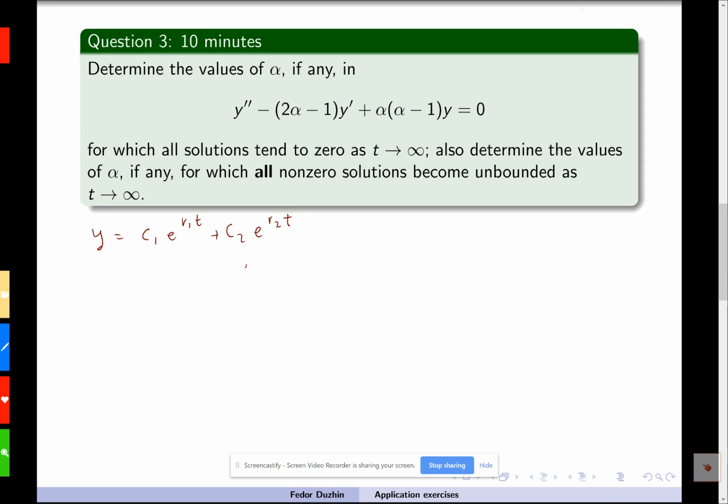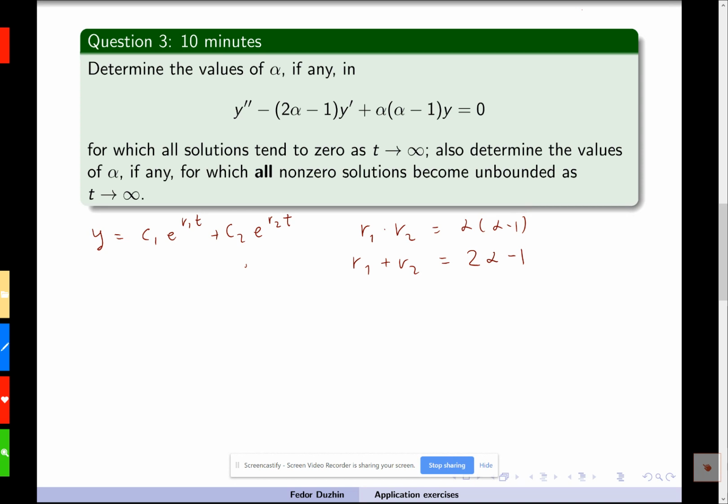And for the quadratic equation, we know Vieta's formula. According to Vieta's formula, r1 times r2 is alpha times alpha minus 1. So the product of r1 and r2 is the same as the product of alpha and alpha minus 1. And the sum of r1 and r2 is the negative coefficient at y prime, which is 2 alpha minus 1.